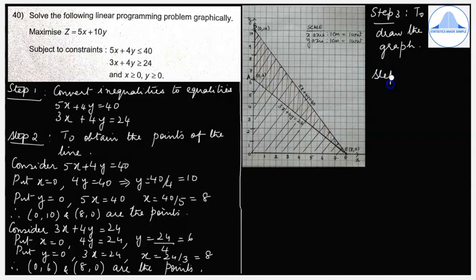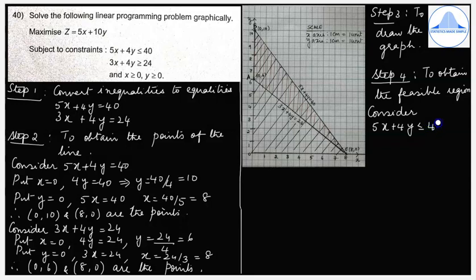Next is step 4. Step 4 is to obtain the feasible region. How do we obtain the feasible region? The feasible region is obtained by making use of the inequalities and not the equalities. First, consider 5x plus 4y less than or equal to 40.